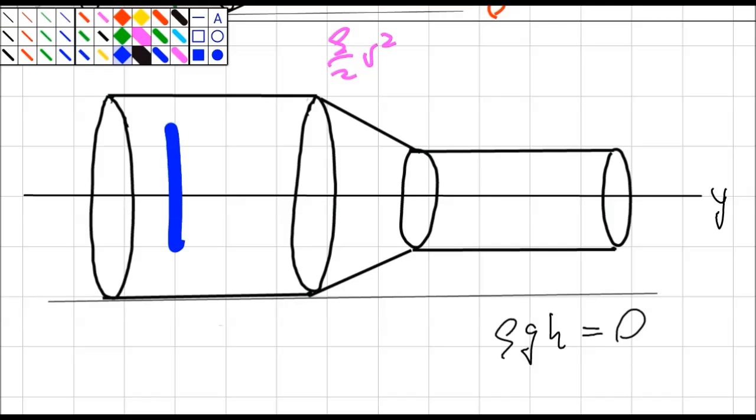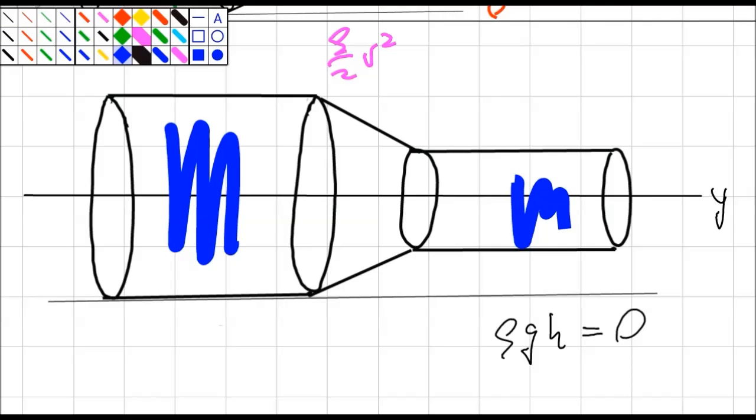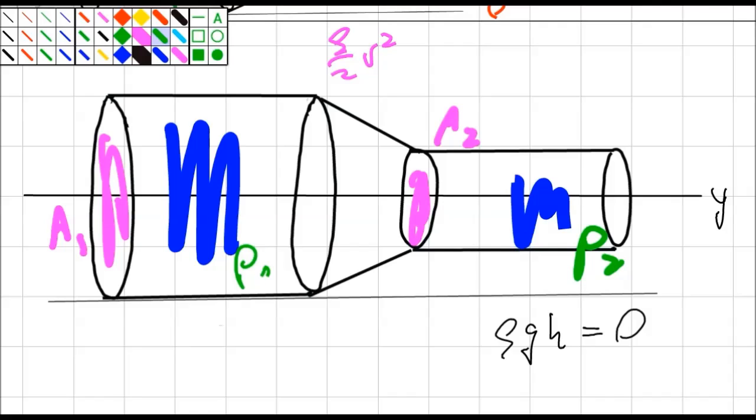We have the fluid in here, and in here is the same parcel of fluid. This fluid has a pressure 1. Here we have an area 1. This one is area 2. In here we have a pressure 2. The fluid travels with a speed v1, and it travels here with a speed v2.